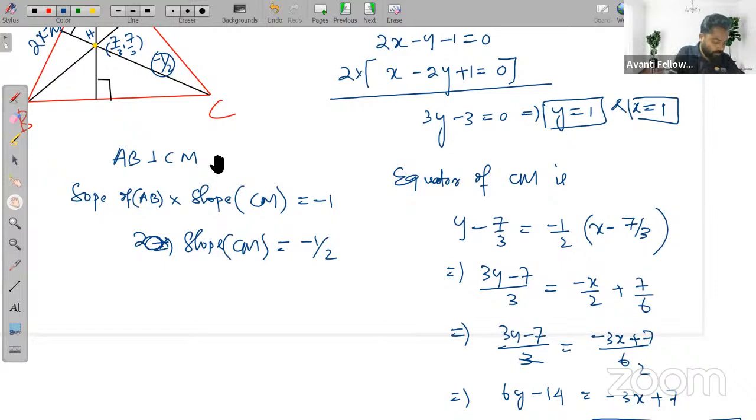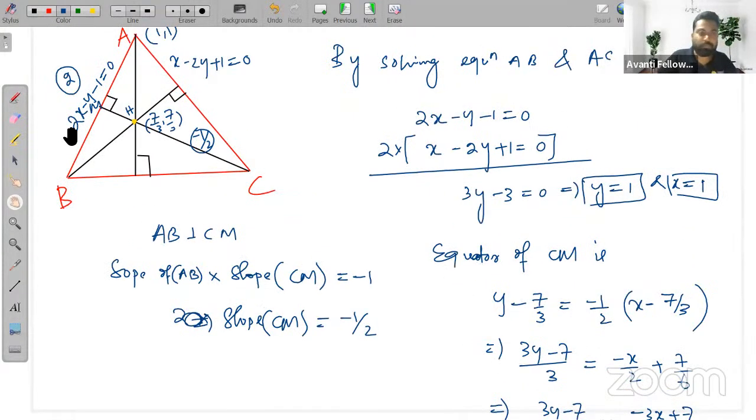Minus 2. Somewhere we are making a mistake. Minus 2 upon minus 1, that is 2, right? Yes, minus 2 upon minus 1. That is 2. So 2 into the slope of CM, that is minus 1.